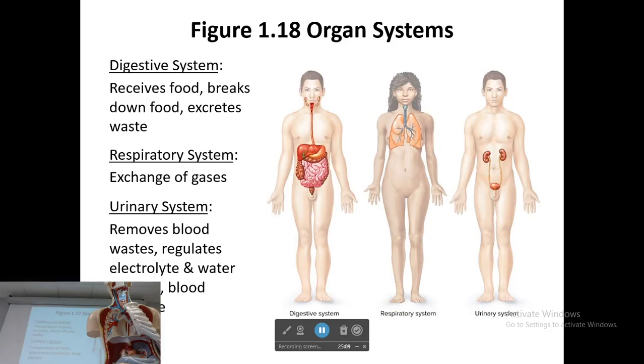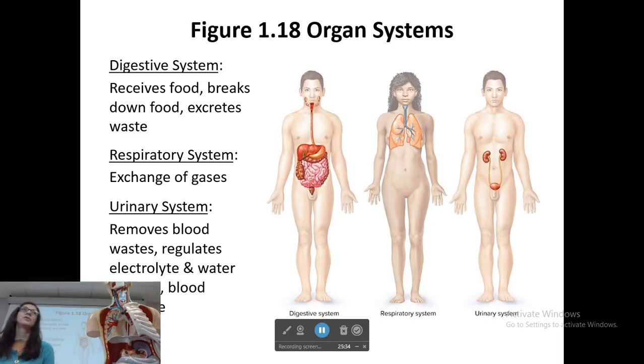All right, the next one's digestive. That's an easy one to find. Find the digestive organs. What do you think it starts with? Your mouth, right? So you're going to be bringing the food in with your teeth, your mouth, your oral cavity.